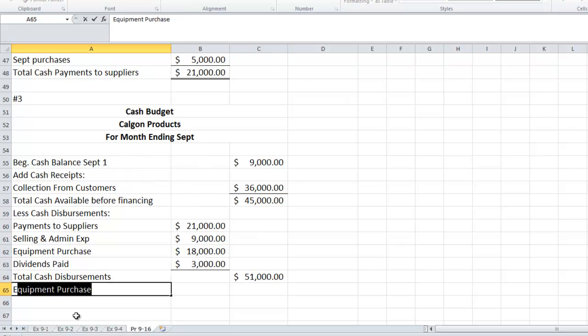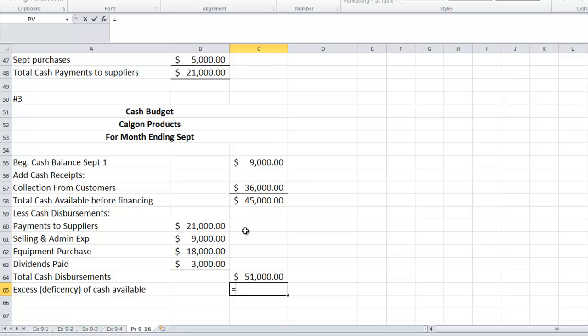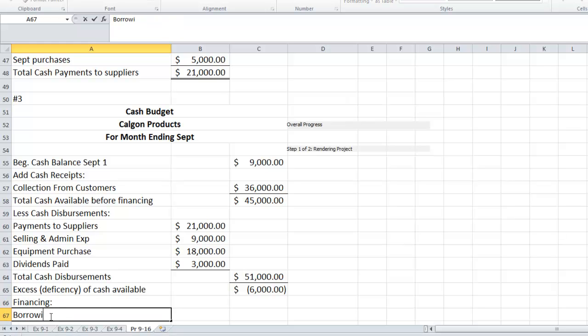So excess or deficiency of cash available. We take what we had before financing, subtract our expenses, and we have a negative amount. So financing, borrowing, we need to have a $5,000 cash balance.